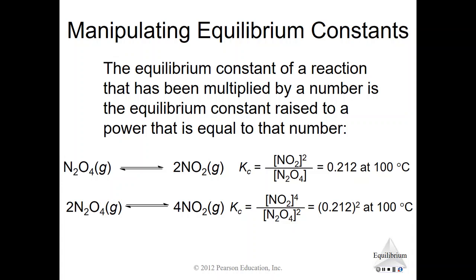So for example, if this was our original and they asked us about this, we'd have to use the original information. We'd have to manipulate this so it agreed with this equation right here. But how will you do that? Well, we'd have to multiply everything by 1/2. And if they were talking about the reverse reaction here, we would take it to the power of 1/2, but then use the inverse of whatever the rate is.